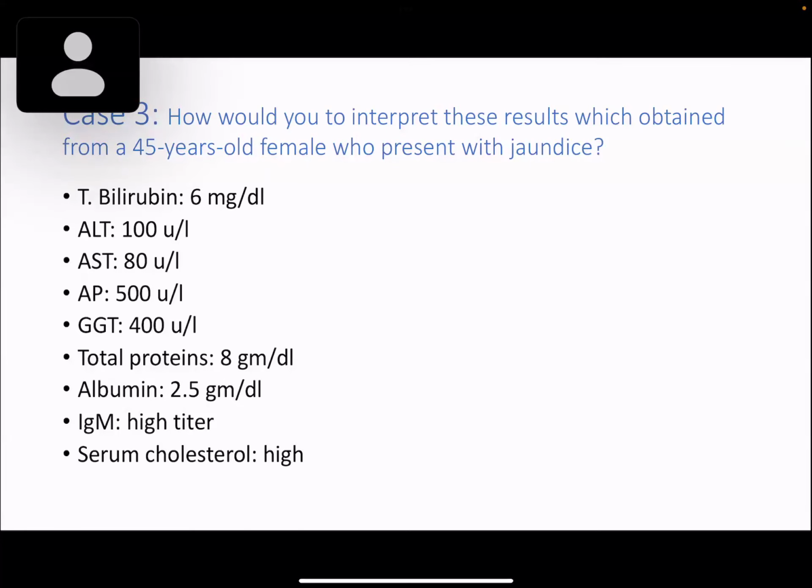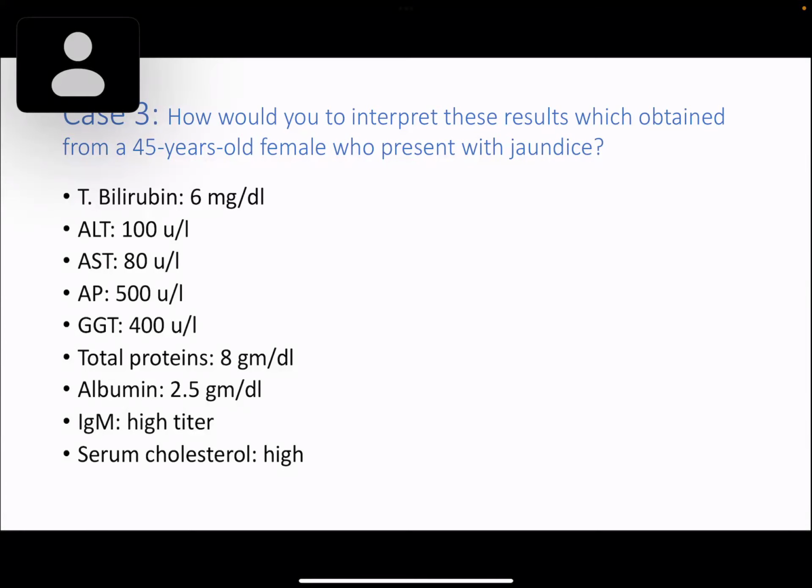Third case, this liver function test was obtained from a patient, a 45-year-old female, who presents with jaundice. Her liver function test showed high total bilirubin, which is 6 milligram per deciliter.